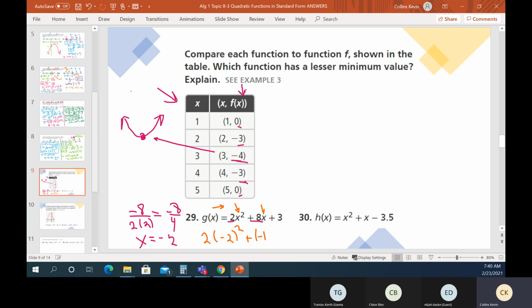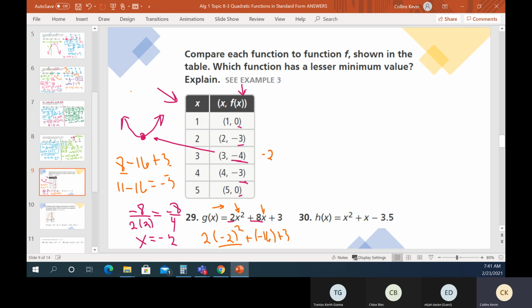So it'll be -16 and then plus 3. All right, so -2 times -2 is going to be +4, right? +4 times 2 is 8, so we've got 8 minus 16 plus 3. So we do 8 and 3, that's 11, so now 11 minus 16 is -5. So the vertex on this guy is going to be -2, -5.